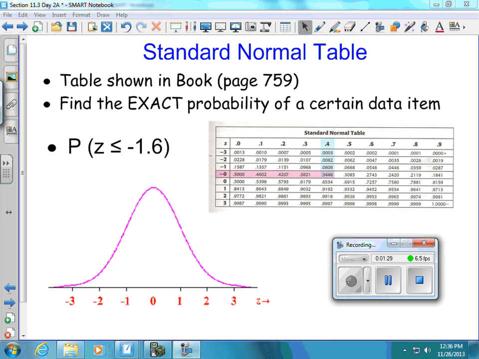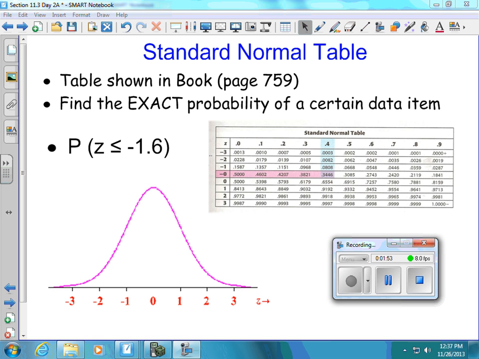In your book on page 759 is the standard normal table. Part of it, the hardest thing is just learning how to read it, and once you know how to read it, the rest is pretty straightforward, pretty easy, just picking numbers off the table. Basically, the probability it gives you in a z-score is the probability that something is less than a given value.